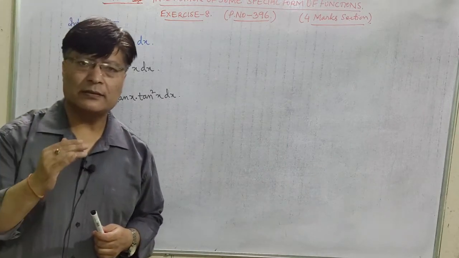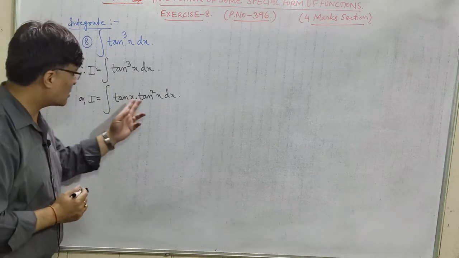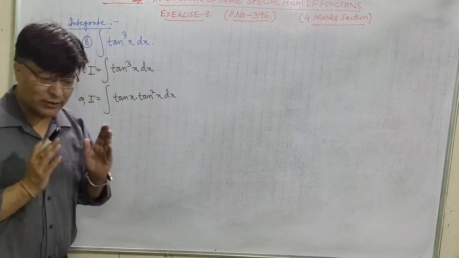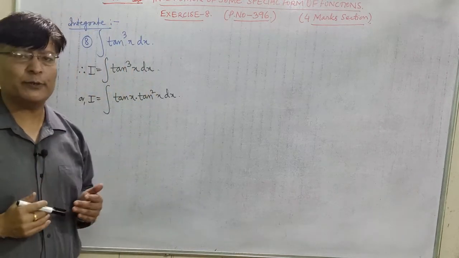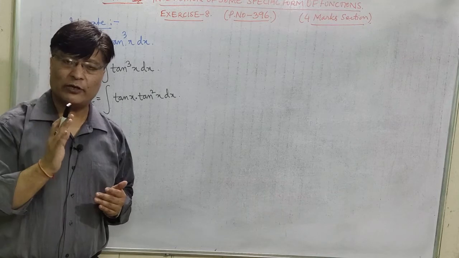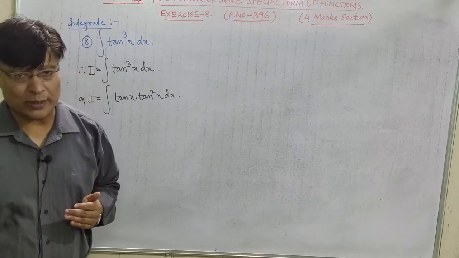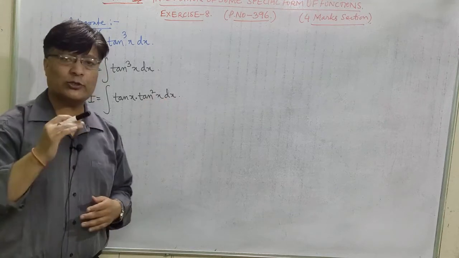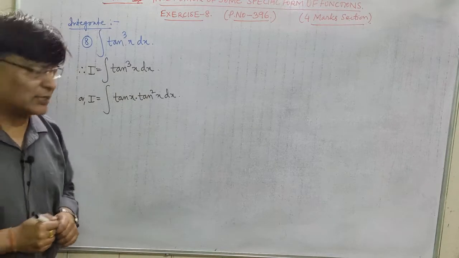You know that the differentiation of tan x is sec square x. So let us convert this tan square x. Whenever there is tan square x, you have to convert it into sec square x, as we have done in the previous problem. Okay. Whenever you have cot square x also, you should convert it into cosec square x minus 1. Similarly, this tan square x should be converted into sec square x minus 1 because the differentiation of tan x is sec square x.